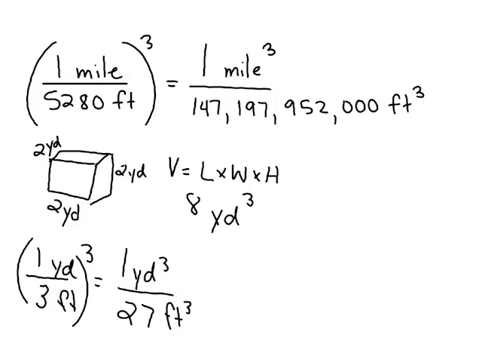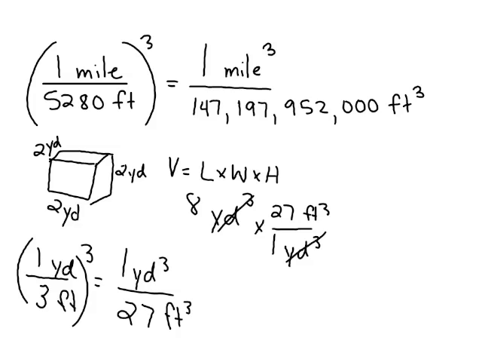Okay, so there's my first one. Does yards go on top or bottom? Bottom. We need yards to cancel. So I have 1 cubic yard on the bottom, 27 cubic feet on top. Yards gone. Okay, feet to inches.